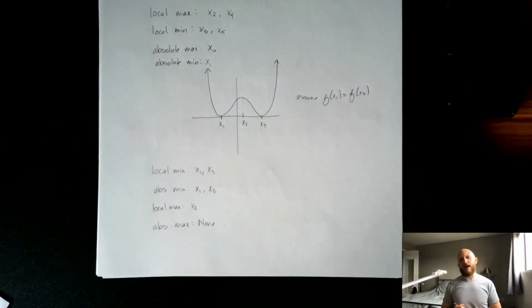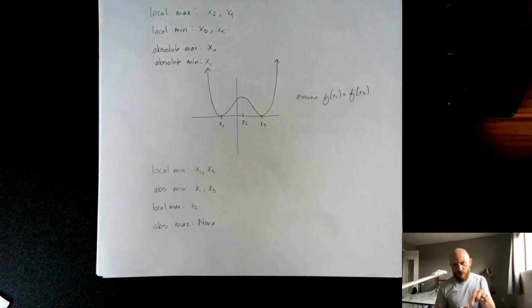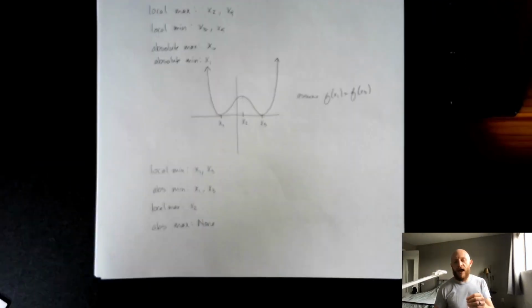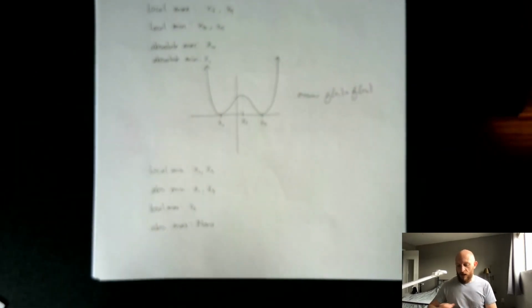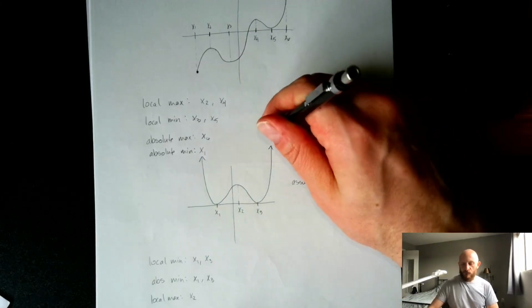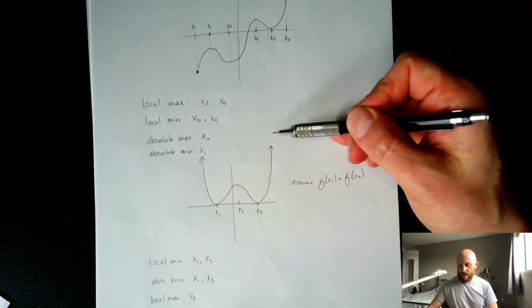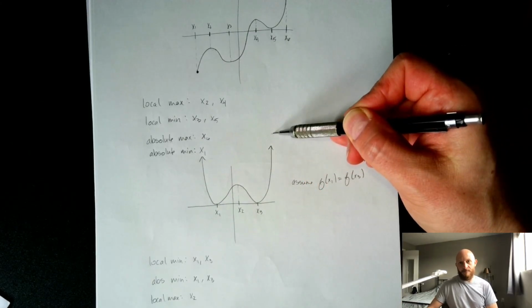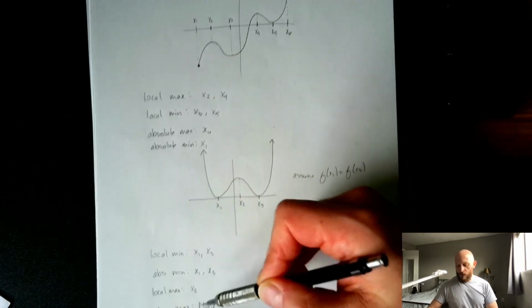For something to be an absolute minimum or an absolute maximum, we have to be able to point to where that minimum or maximum is occurring. If there were absolute maximums, I should be able to say, yes, right here is the spot where that maximum is occurring. But that's not going to be possible.